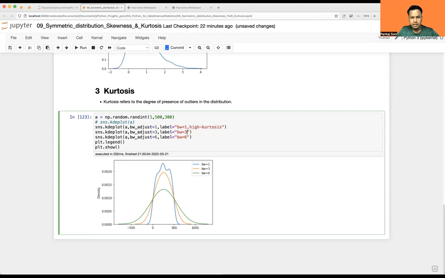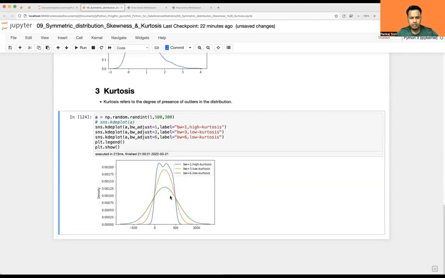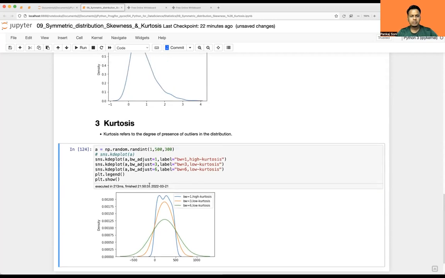This will give a fair idea about this: high, low kurtosis. Okay, so with 6, you see here, it is a more flattened curve, right? So here kurtosis will be low. Okay, so that's what I want to show.